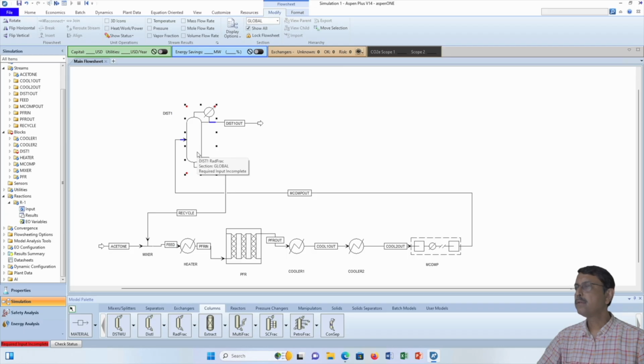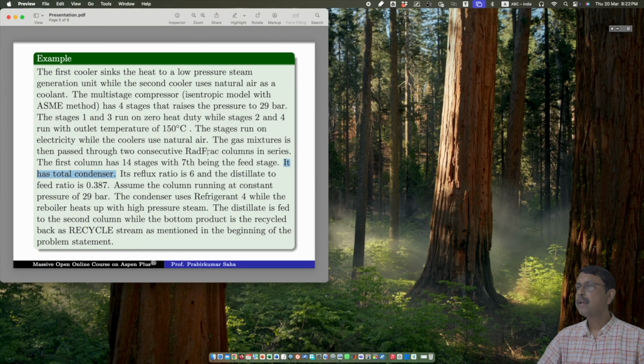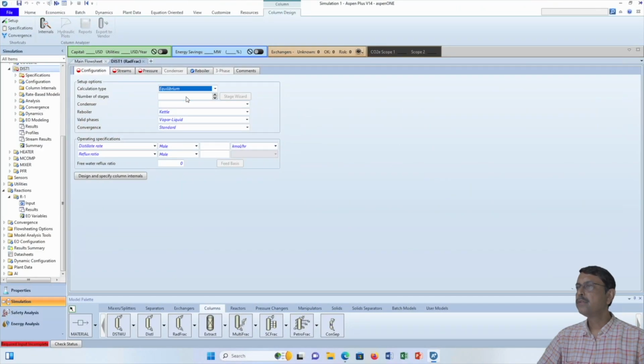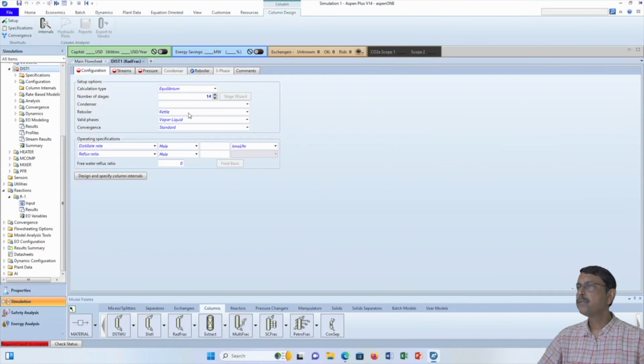Now let us open distillation column 1, and then we specify all those configurations. So the first column has 14 stages, with the 7th being the feed stage. It has a total condenser, so the condenser is total.